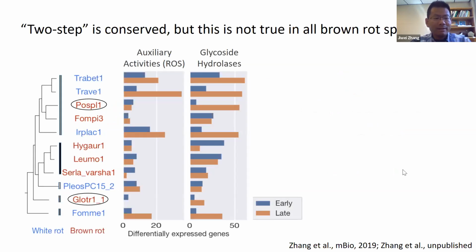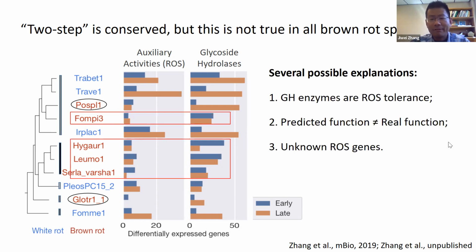Later on, we tried different species, and we found a very interesting thing: this two-step mechanism is conserved in some of the brown rot species, but not all brown rot species. That means probably these brown rot species are from a different clade or evolved different mechanisms for the ROS control.